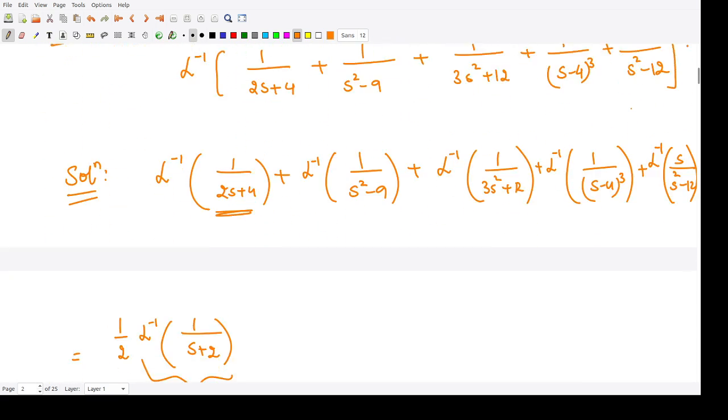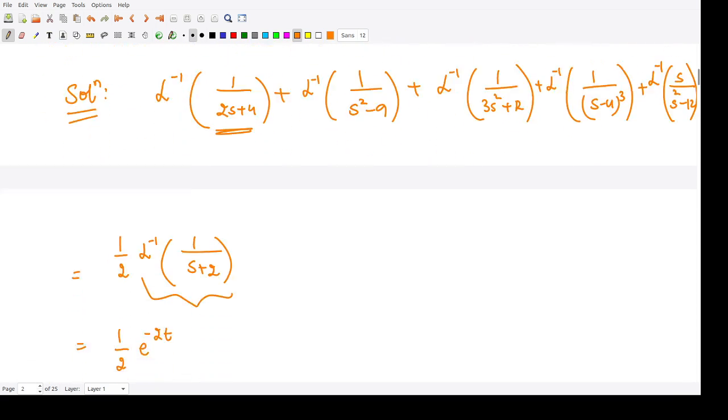Okay. So what would be the Laplace inverse of this quantity? Laplace inverse of 1 upon s square minus 9. So you could write 9 as 3 square. So the second quantity here would be sine hyperbolic 3t divided by 3. And then here also we can take 3 outside, so it would be 1 by 3, and then we would be left with Laplace inverse of 1 upon s square plus 4.